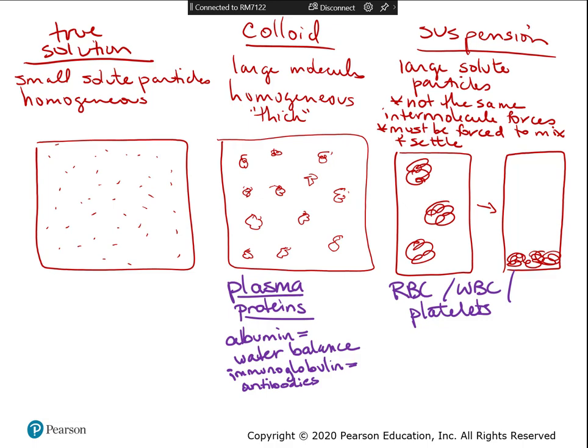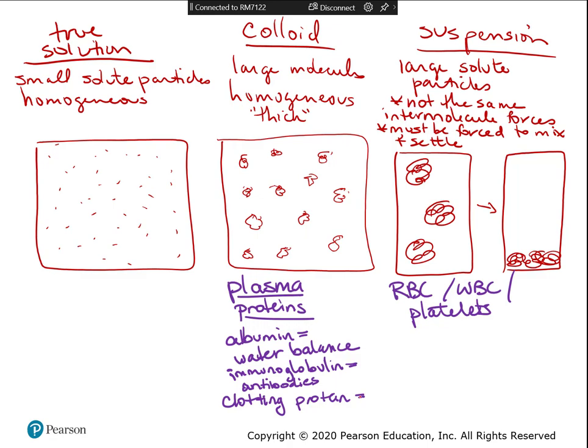Third one, the last one, are clotting proteins. So albumin helps to hold water. Antibodies are part of your immune system. Clotting proteins are going to help to do what? They're going to help with clotting. Clotting is how you stop bleeding.